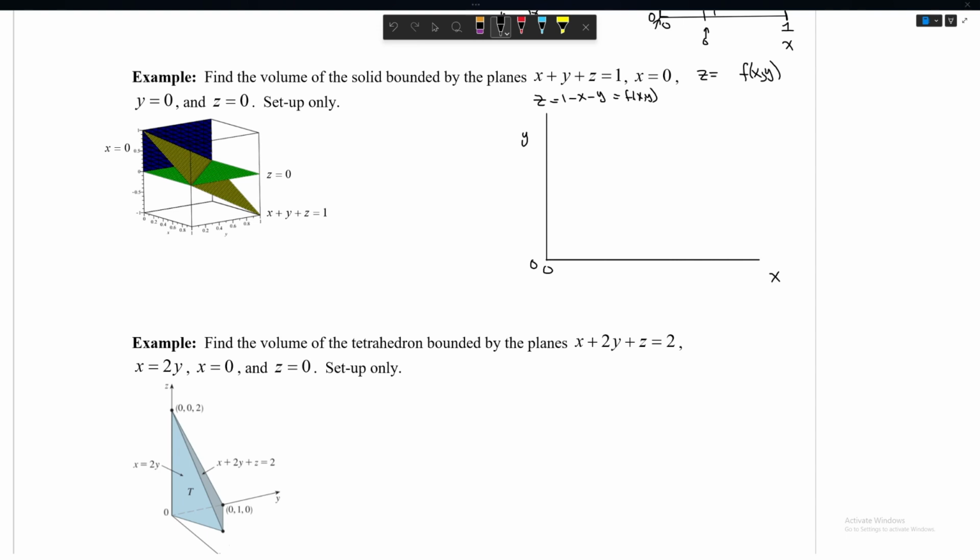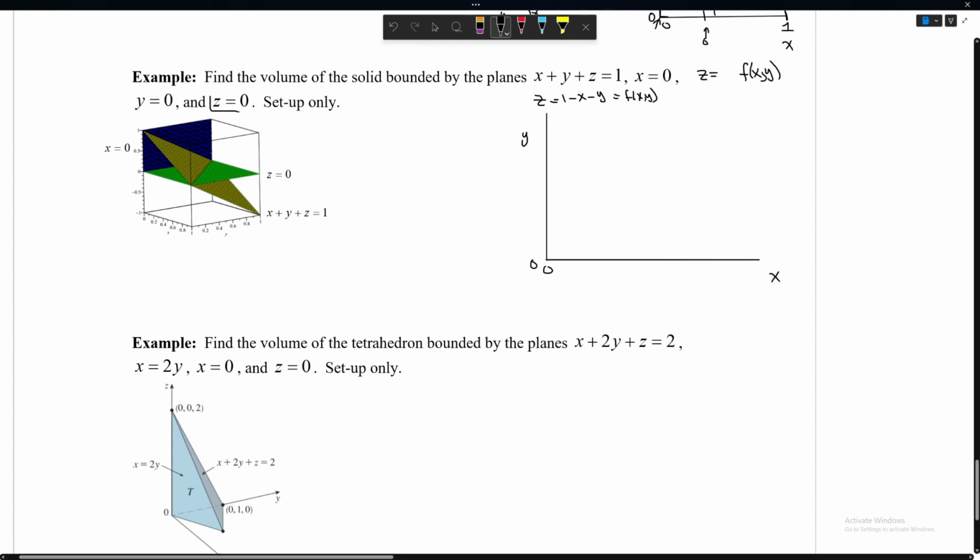Now, as you notice, they do give us a visualization. Even if you don't have this visualization, you could still do it. I'm gonna use it to explain it, help you understand it better. What they're saying is this is bounded by x at 0, y at 0, and z at 0. And this part is very important. Why?